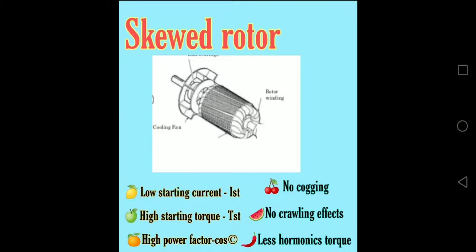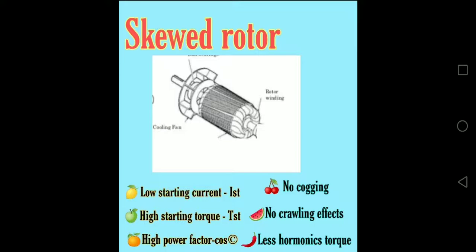Because in a skewed rotor the length of the copper bars is more, the resistance of the copper bars, that means rotor bars, is also more, so the starting current will be less as compared to a squirrel cage rotor. In a squirrel cage rotor, rotor resistance is less. In a skewed rotor, rotor resistance is more because the copper bars have more length.